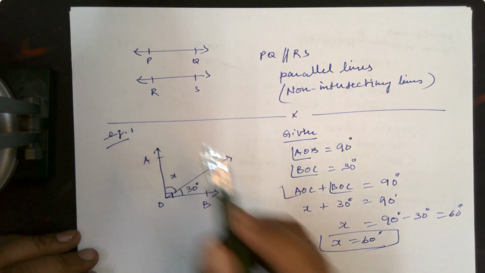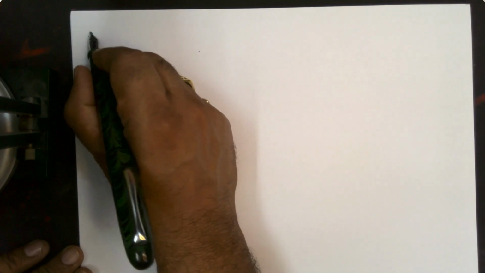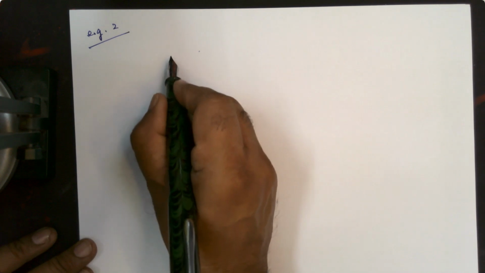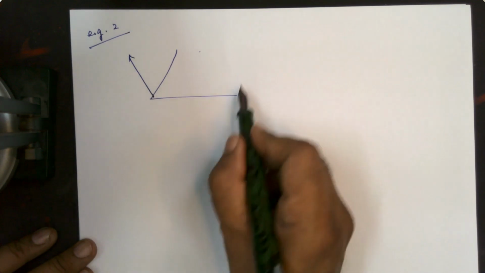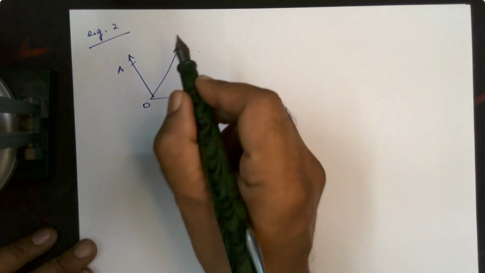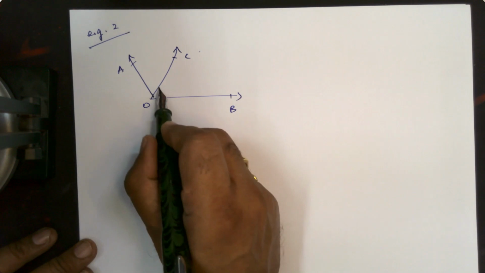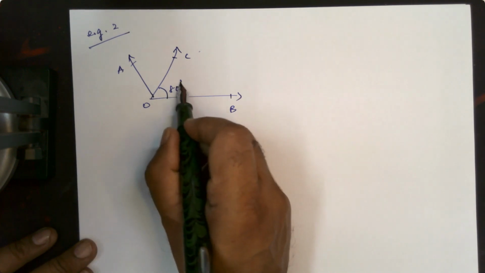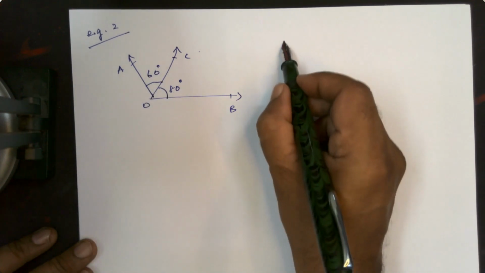Now let us work out another example. We have A, O, C and B. This is 80 degrees, AOC is 60 degrees. What is AOB?